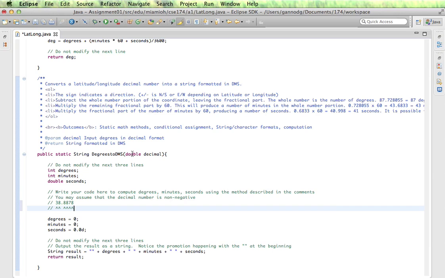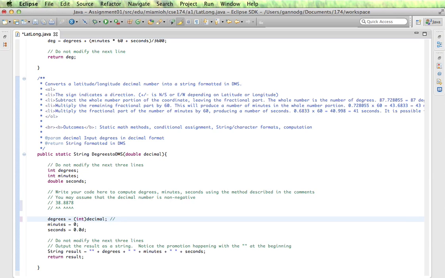So since the value that I'm being given, this variable, is a decimal and it's a double, what I want to do is cast that to an integer in order to get the integer part. So in order to get the 38 out of that, I would need to do a cast. I'm going to do a cast here of decimal.